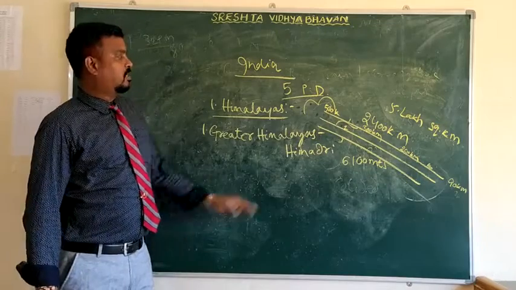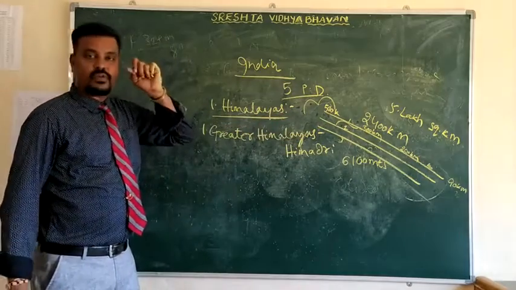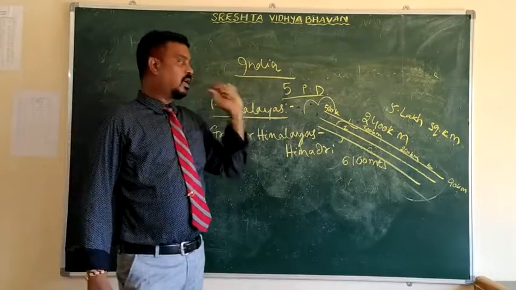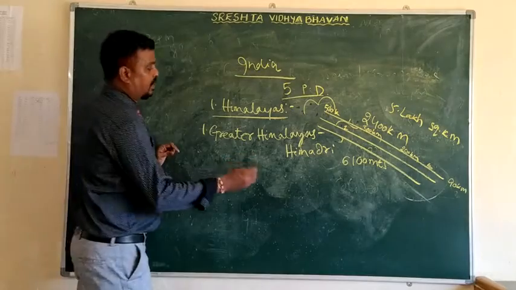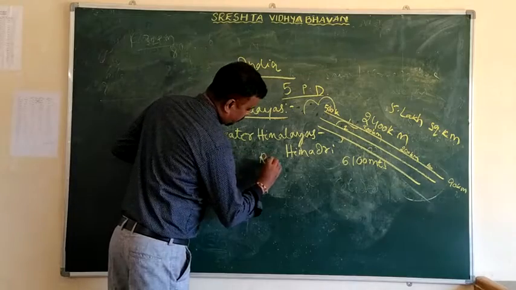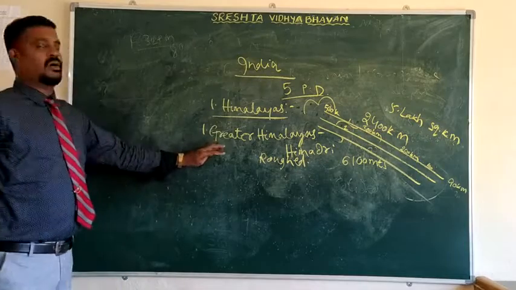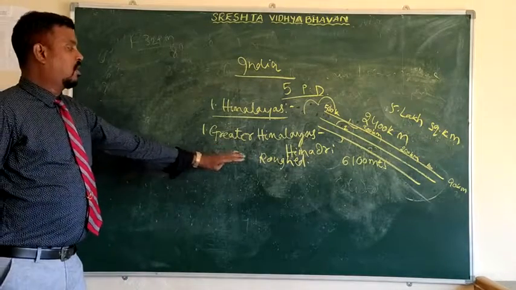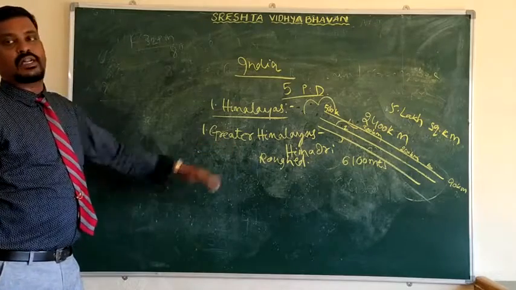Ganga, Yamuna, Brahmaputra are all perennial rivers. The Greater Himalayas have a rugged surface. This is all about the Greater Himalayas.